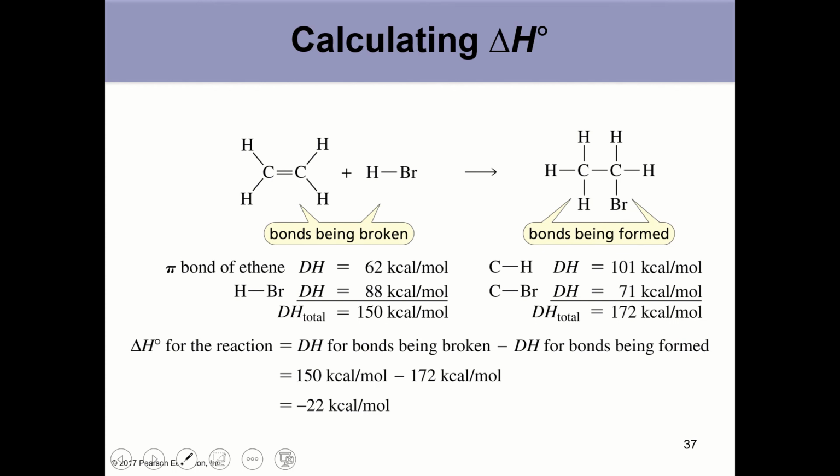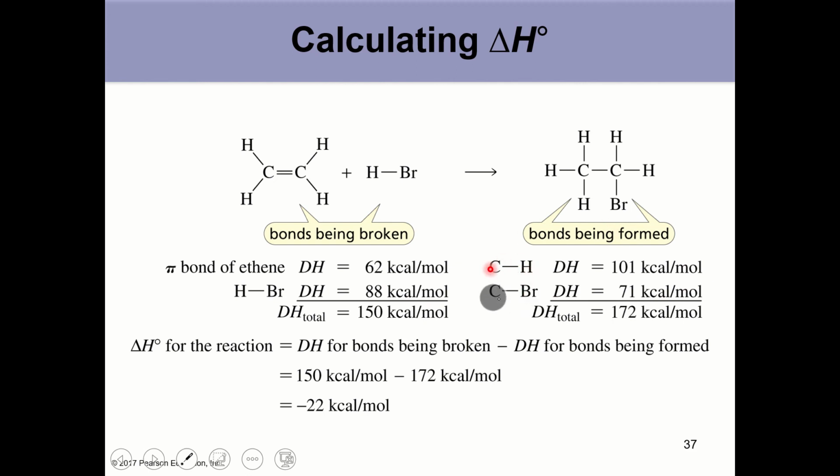If you write them out one at a time, you have to distribute the negative or the subtraction to all terms for the bonds broken. I recommend figuring out the total energy of bonds formed and the total energy of bonds broken, and then plugging them into the final equation, bonds broken minus bonds formed.